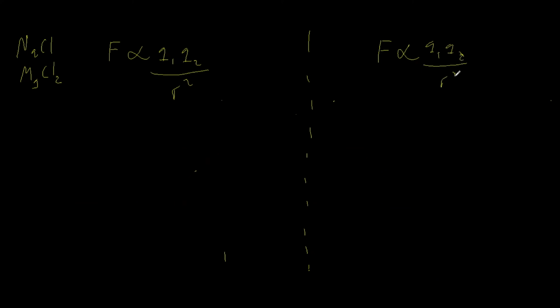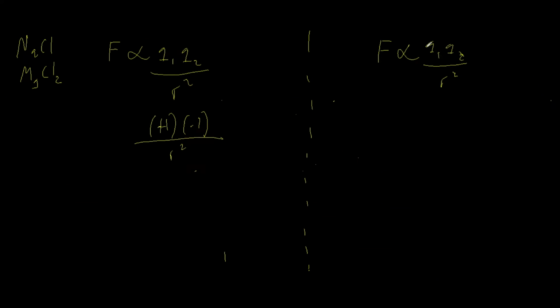So let's do the Coulombic force, F equals, and again, we're going to go ahead and use a proportion because we know that the K value is going to be the same on both of them. Q1 Q2 over R squared, and then this side for magnesium chloride, Q1 Q2 over R squared. The ion version of sodium has a +1 charge, and the ion version of chlorine has a -1 charge. And the bottom we'll leave as R squared. So we know they're going to be relatively similar.